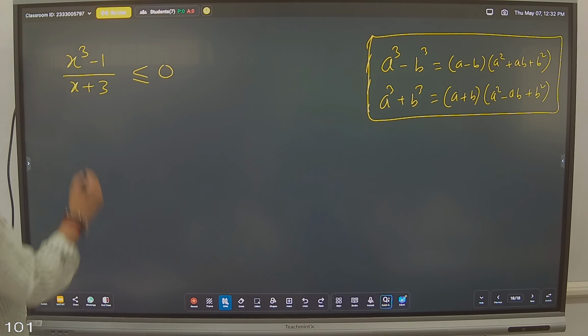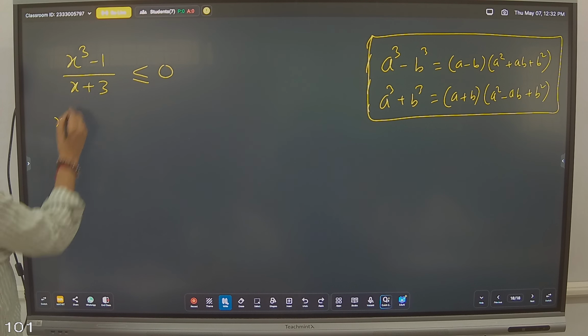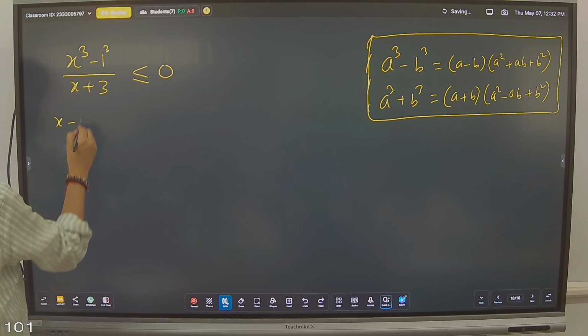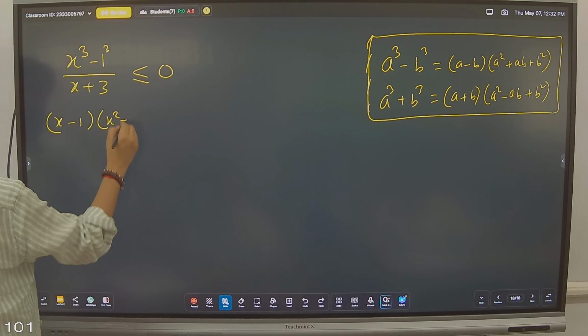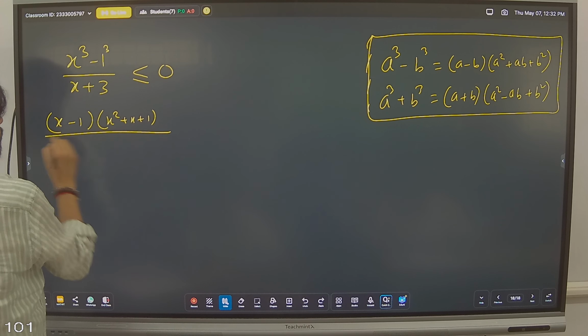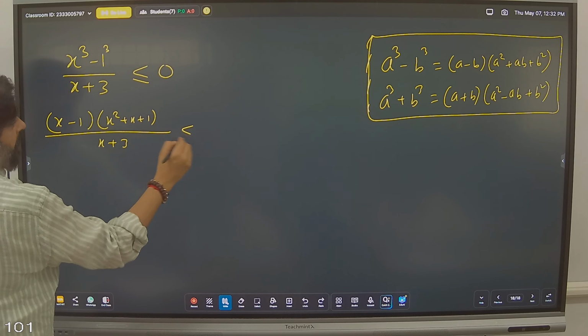Now listen. I will factorize this: x cube minus 1 cube. By the a cube minus b cube formula, I will get (x minus 1)(x square plus x plus 1) divided by (x plus 3) less than or equal to 0.